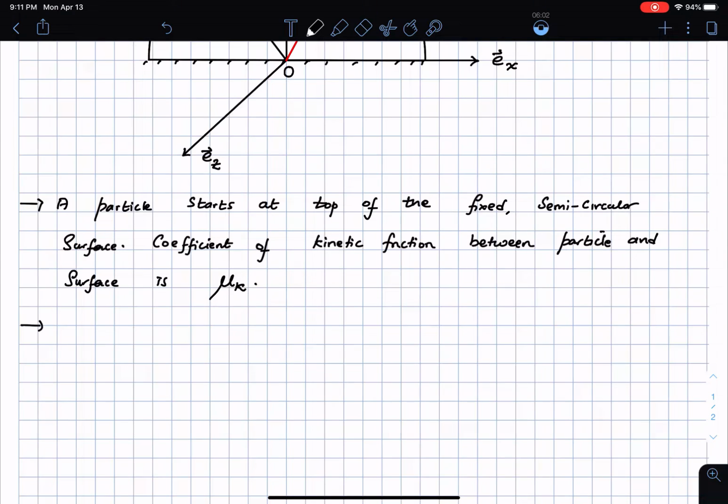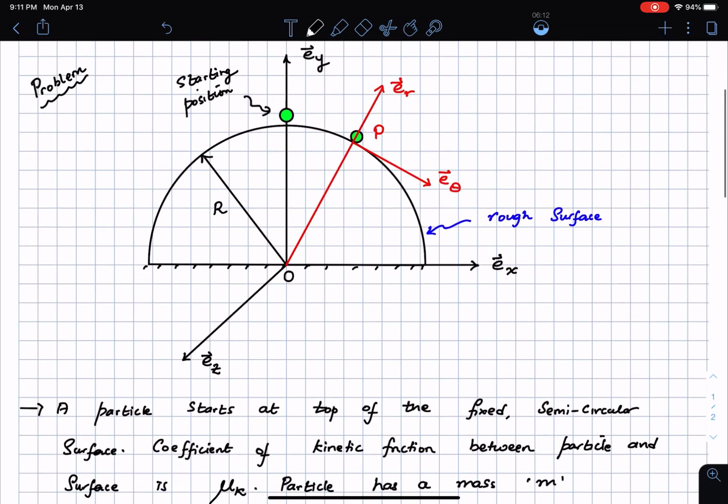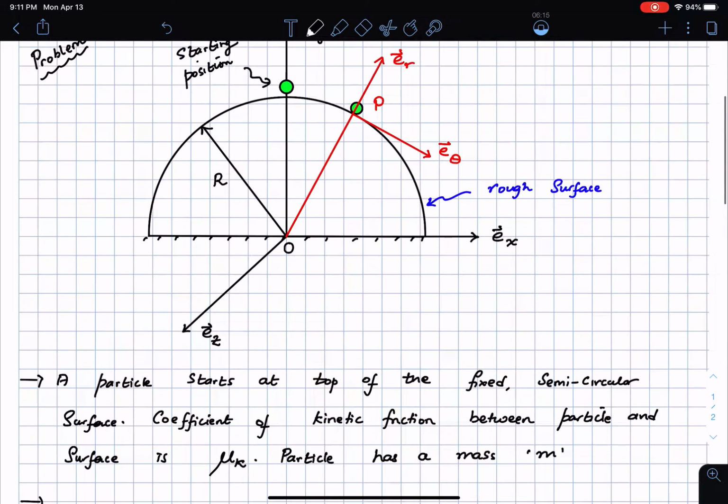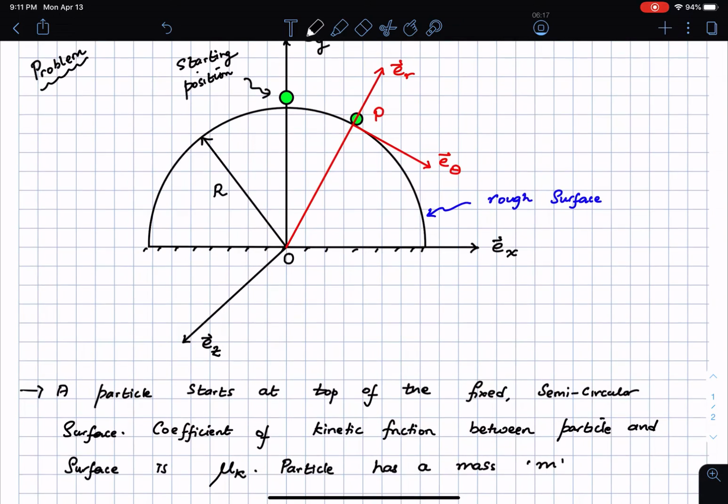Let's say that the bead or the particle has a mass m, and let's say that we are sitting on the vertical plane, which means that acceleration due to gravity is going to be pointing vertically down. This is the direction of acceleration due to gravity.